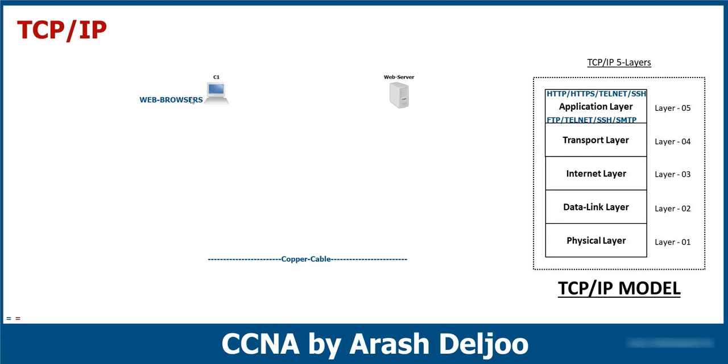When you open your web browser and request to see one web page, you need to type, for example, www.example.com, or any other site name. Here we have some processes. For example, we need to find the IP address with DNS or some other things. I'm not going to talk about the detail.